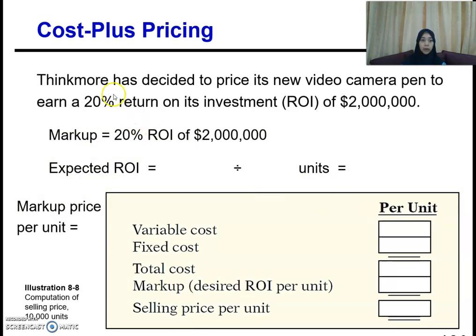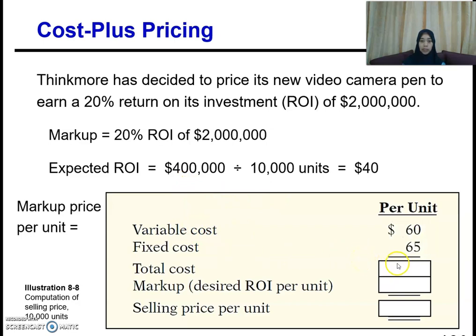So Thinkmore has decided to price its new video camera pen to earn a 20% return on investment of 2 million. So your markup equals 20% ROI of 2 million. So your expected ROI per unit will be 40. So variable cost per unit of 60, and then you have worked out just now your fixed cost per unit at 65.